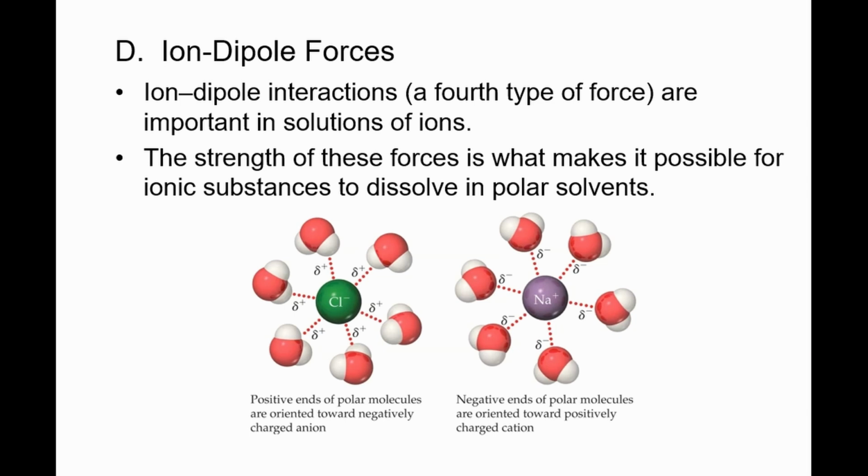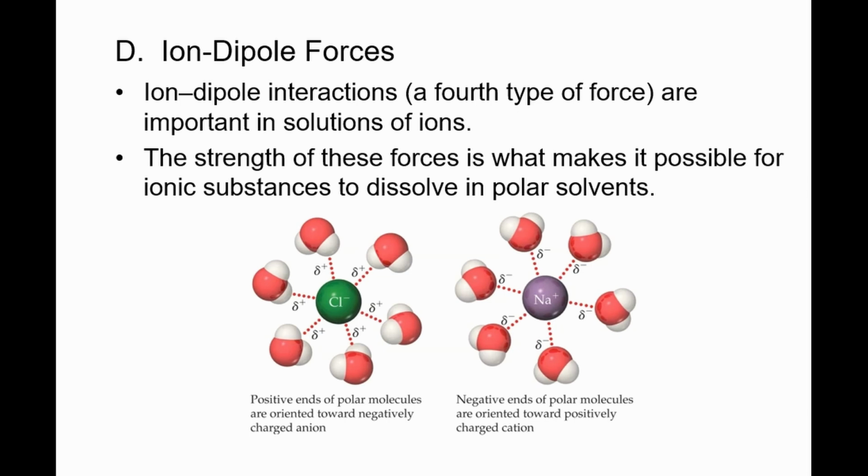The first three would be London dispersion, dipole-dipole, and hydrogen bonding. This is something that typically only happens in solution, important to the solution process. The strength of these forces is what makes it possible for ionic substances to dissolve in polar solvents.